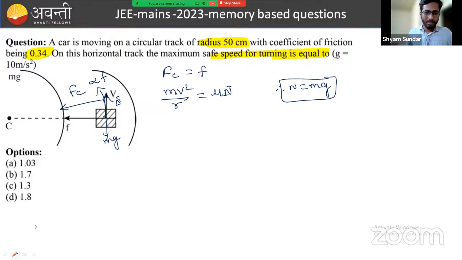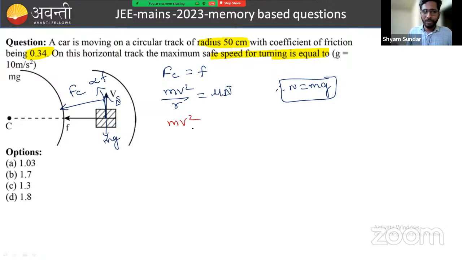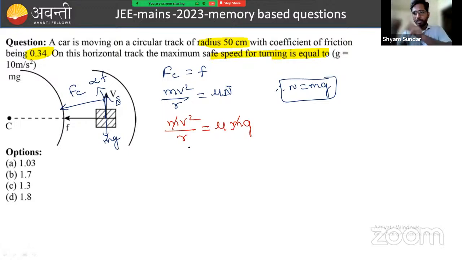Then you get mv square divided by r is equal to mu mg. The m cancels, but don't cancel R. Then take R to the right hand side.